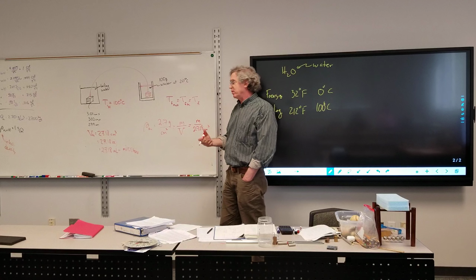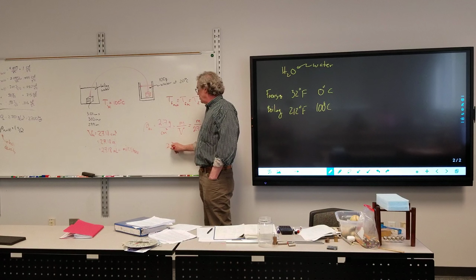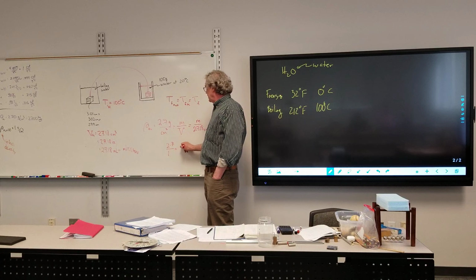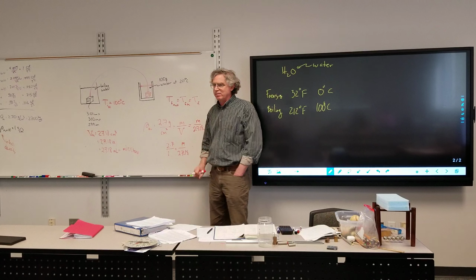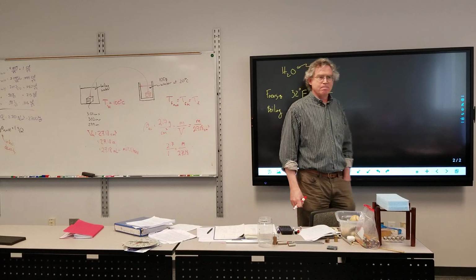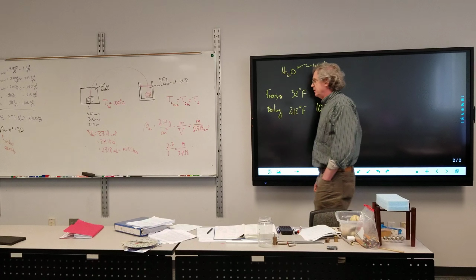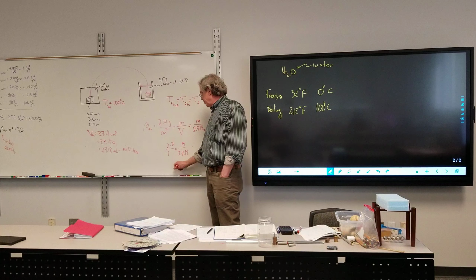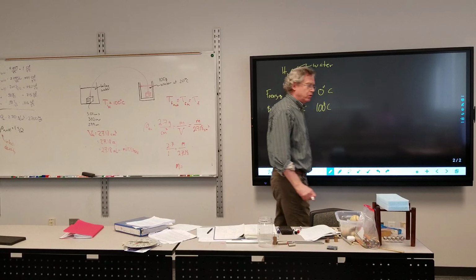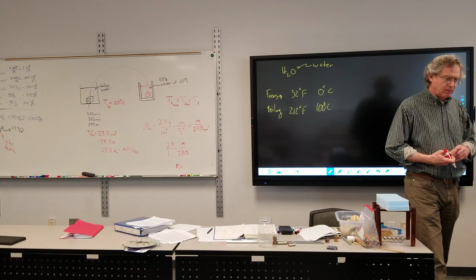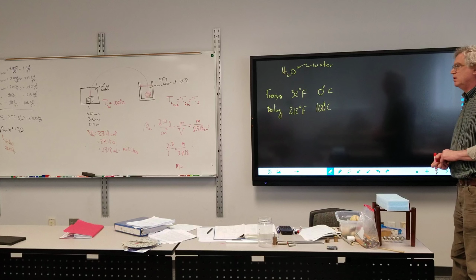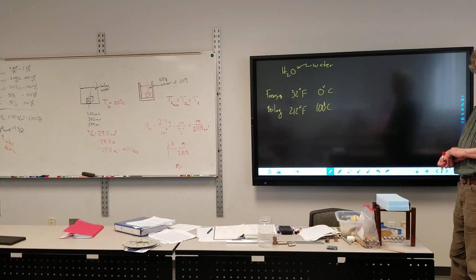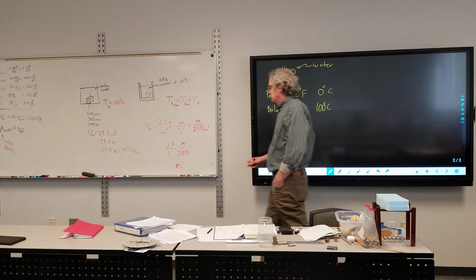So the math problem is 2.7 over 1 is equal to m over 27.18. Solving that math problem, what is the mass of our aluminum block? 73.39.